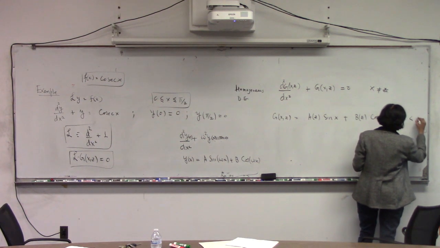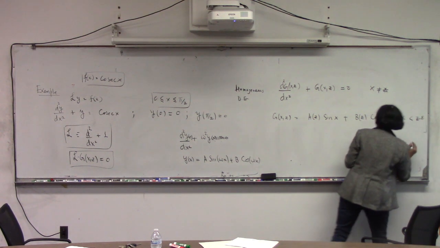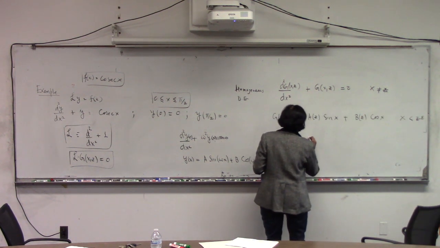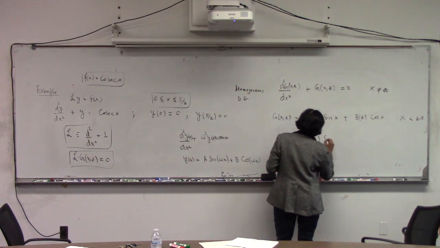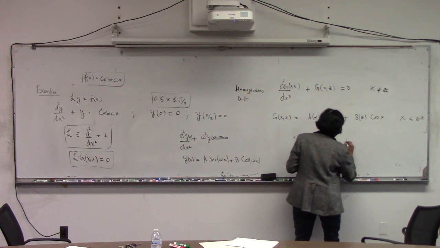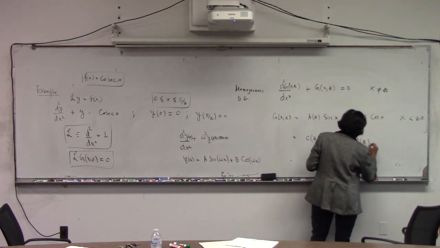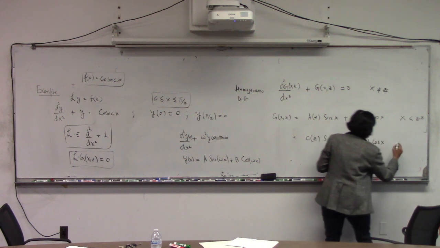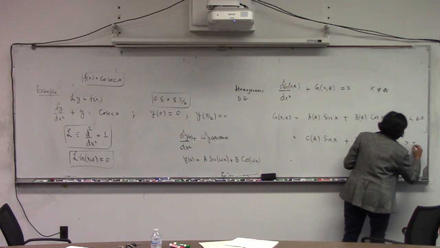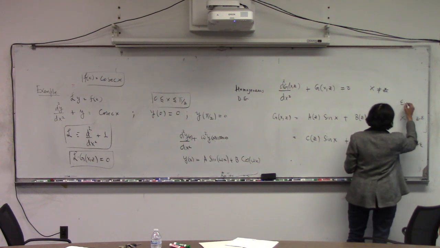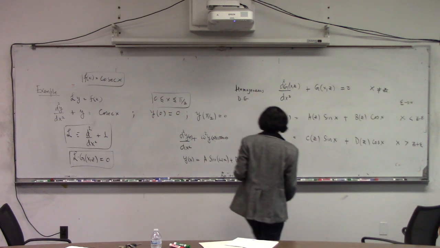Okay, so for x, I'm going to say it has a different superposition for x greater than z plus epsilon, where epsilon is something going to 0.